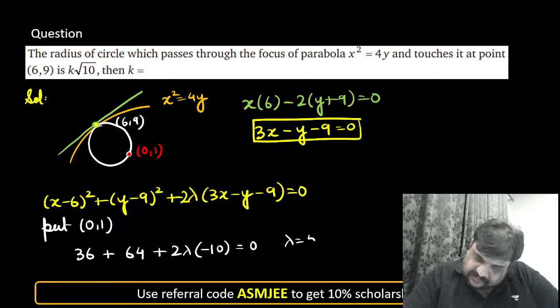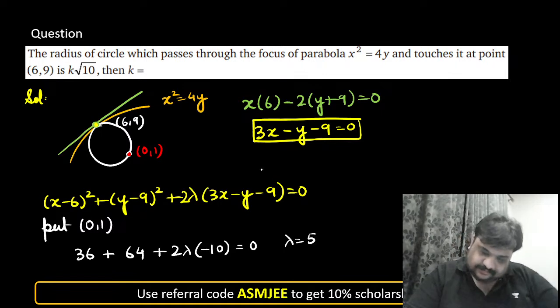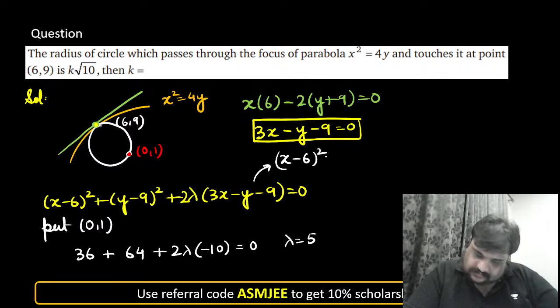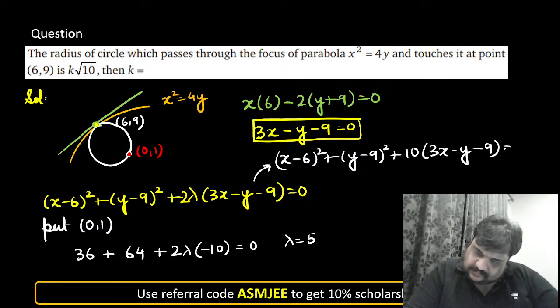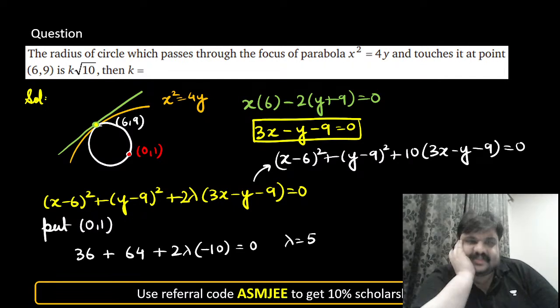So lambda is equal to 5. So we have obtained the circle. Now we can find radius.